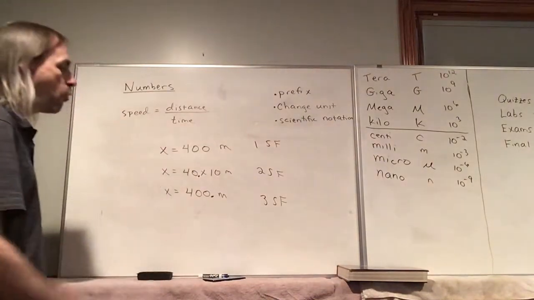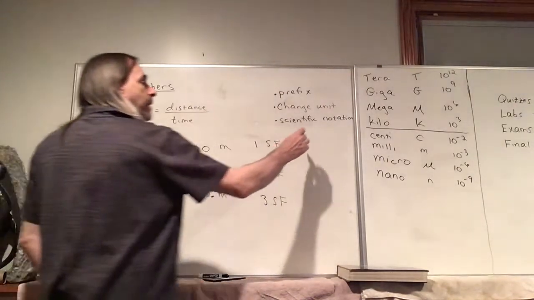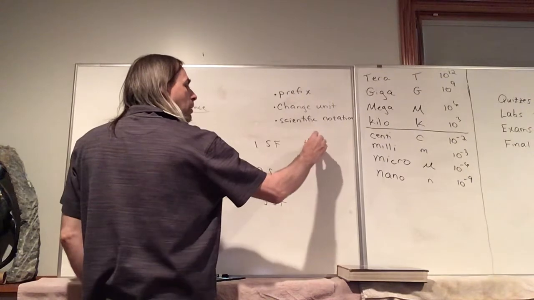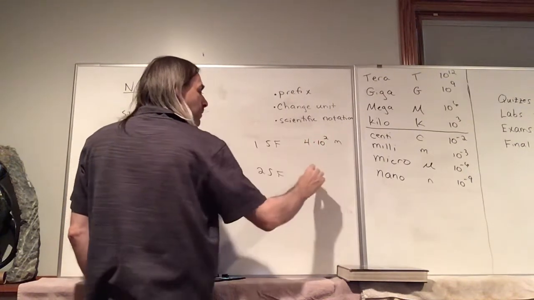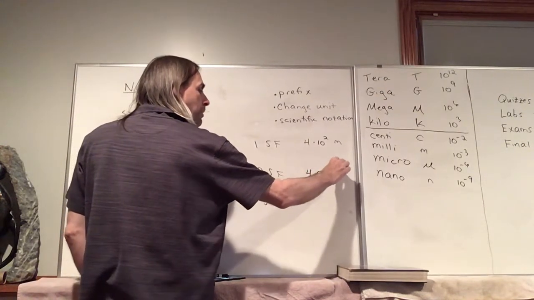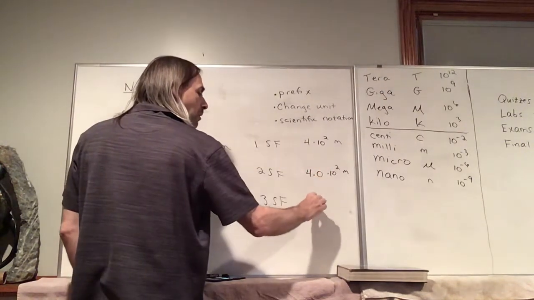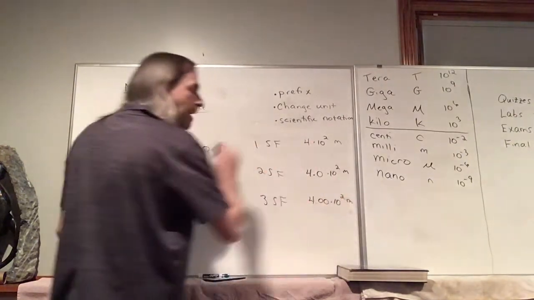So again, writing 400 in scientific notation, we'd either do it like this. We could say 4 times 10 squared meters, 4.0 times 10 squared meters, or 4.00 times 10 squared.